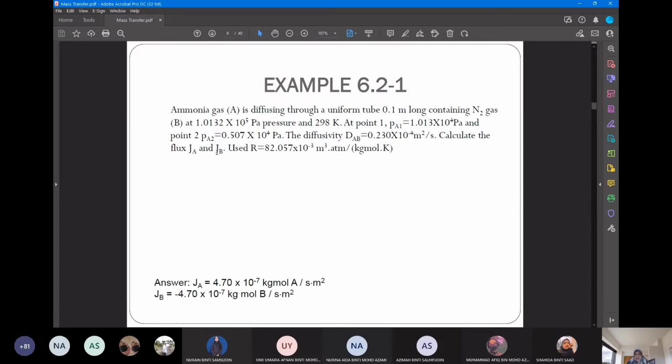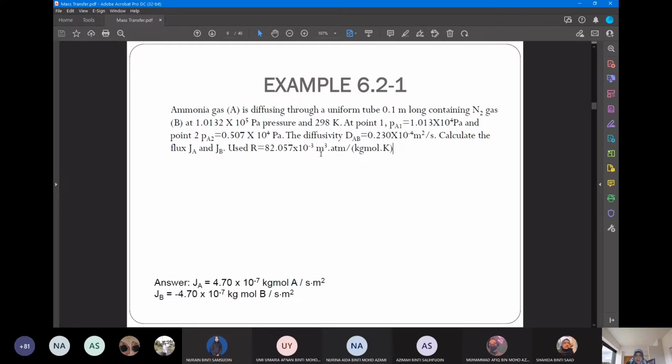Okay. Now you are looking for this diffusion of a gas also. Example 6 to 1. And you're also given the partial pressure. So let me remind you, you are given the gas constant here. There are many values of gas constant with different units.